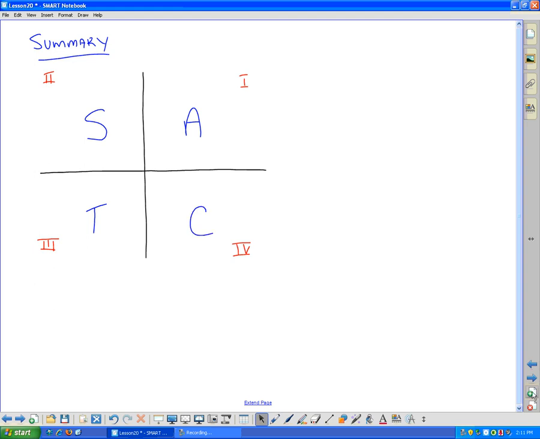To make this an easy thing to remember, mathematicians start in quadrant 4 and read in this direction, and that's where CAST comes from. Okay?